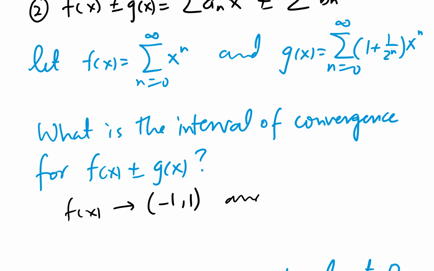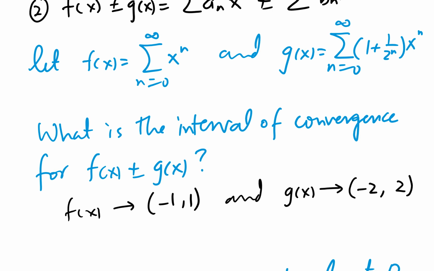And for g of x, that's not a geometric series. If you take n0, n1, n2, write them down, you can tell it's not a geometric series. So in that case, we can use ratio tests as we did in the previous section. So the interval of convergence will be -2 to 2.